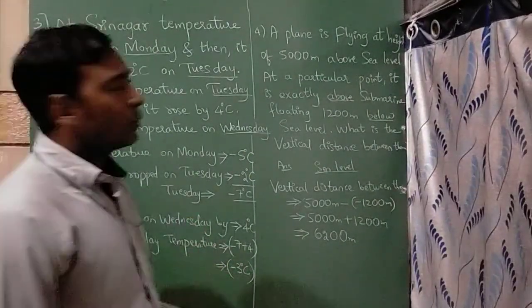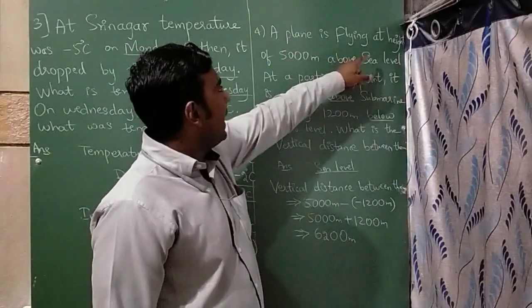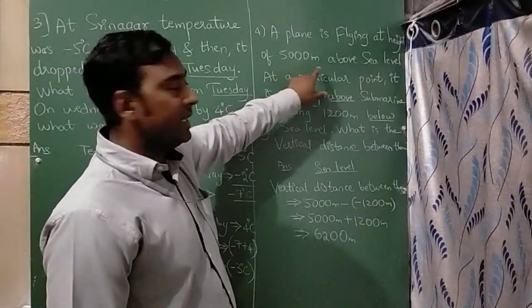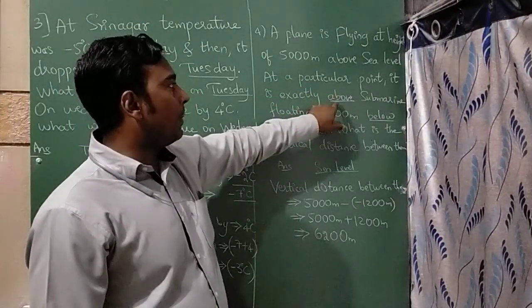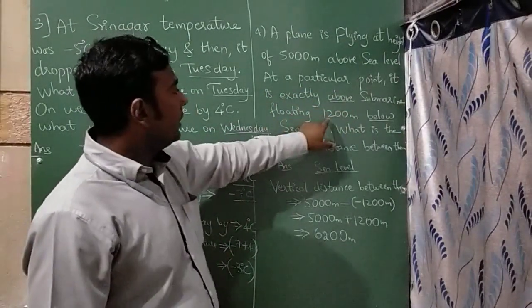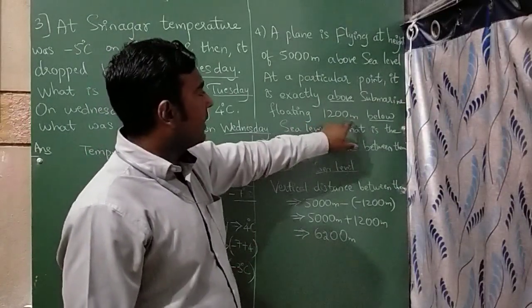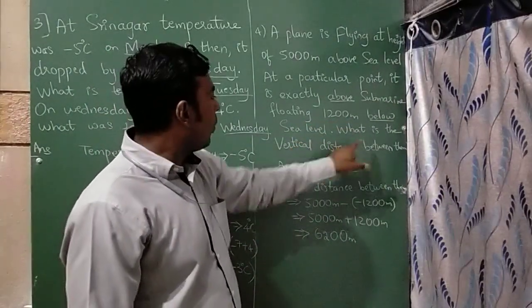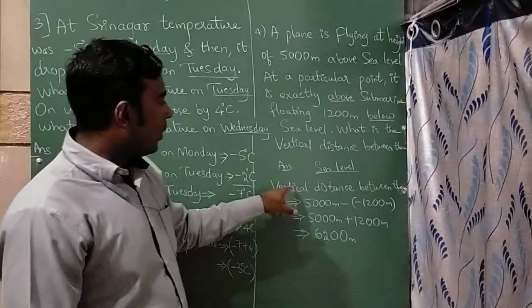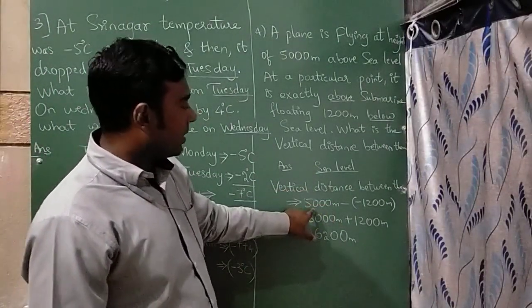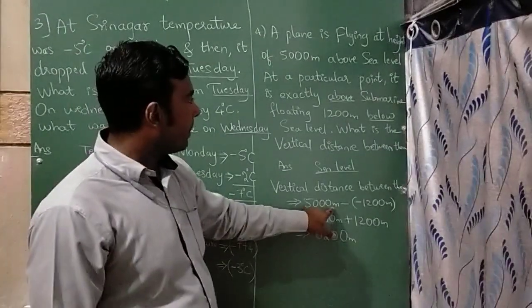Fine. So the fourth question is, a plane is flying at a height of 5,000 meters above the sea level. At a particular point, it is exactly above the submarine, floating 1,200 meters below the sea level. What is the vertical distance between them? Fine. Now vertical distance is, it is flying above 5,000 meters.